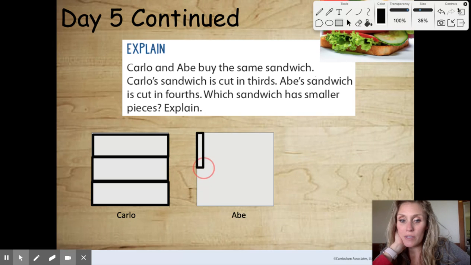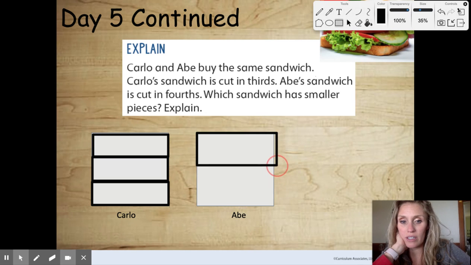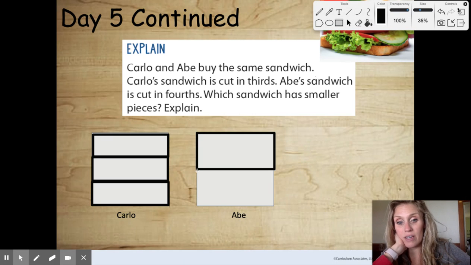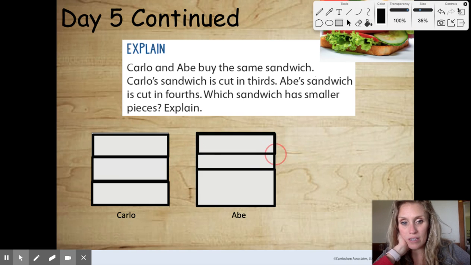I don't know about you, but I think halves and fourths are easy because I know I can take Abe's sandwich and cut it in half, and then I can do that again here. Let me get my other half. There's halves. Now I need fourths, so I'm going to take those halves and cut them once again. Aha.